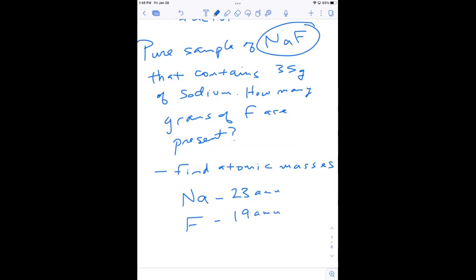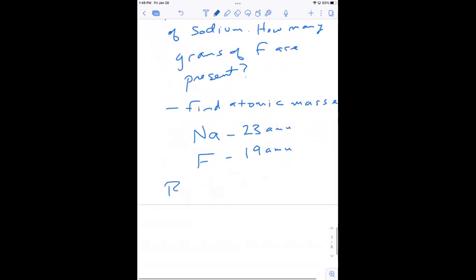All right. So we know now that in any sodium fluoride compound, the ratio of sodium to fluorine is going to be 23 to 19. So this is my ratio. 23 sodiums, 19 fluorine.